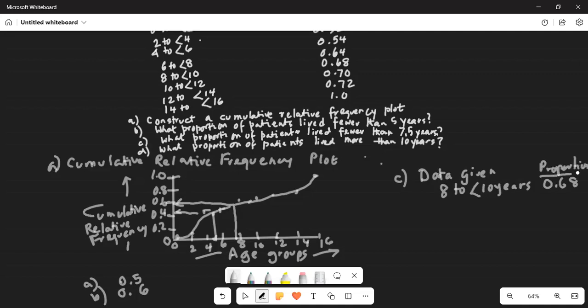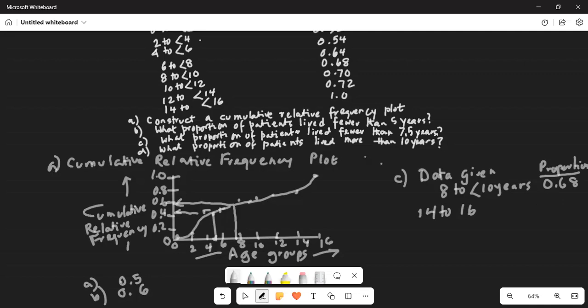And the last group in the data is 14 to 16. And that is the cumulative frequency. Maybe I should write this as cumulative frequency.